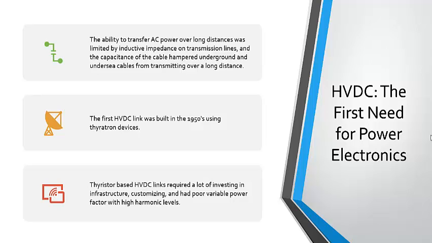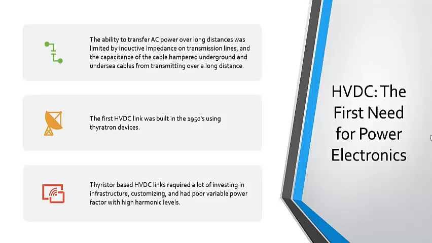High voltage DC, the first need for power electronics. The ability to transfer AC power over long distances was limited by inductive impedance on transmission lines, and the capacitance of the cable hampered underground and undersea cables from transmitting over a long distance.